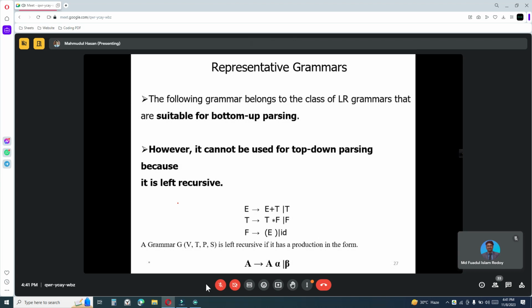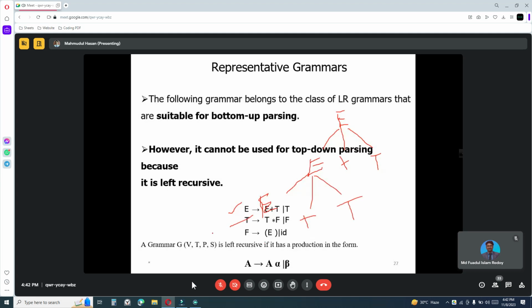That is recursion. Suppose you consider the first production rule, E to E plus T. That means E is replaced with E plus T. That means E calls itself.